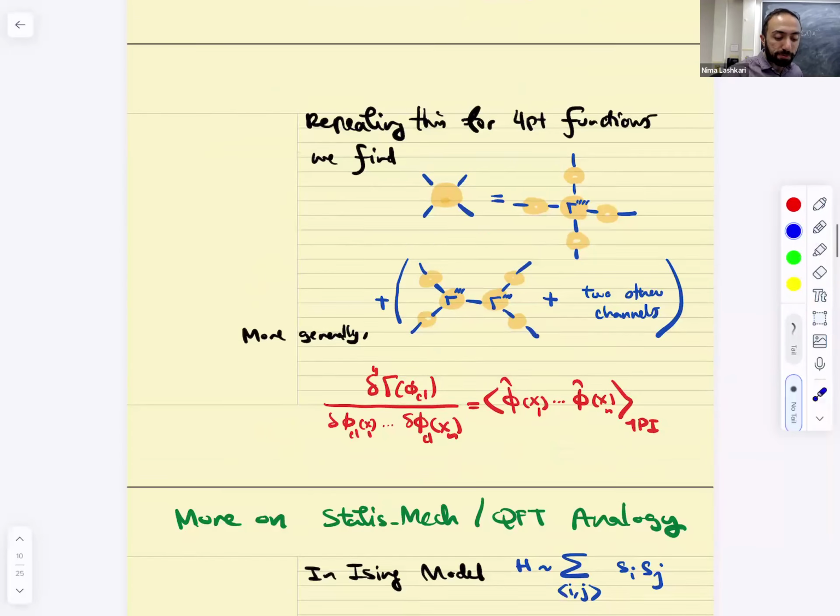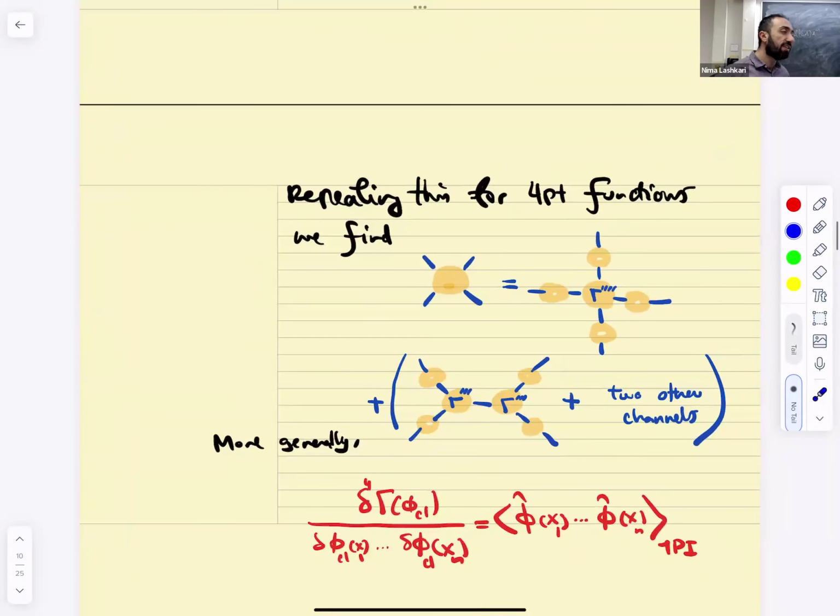Now, repeating this procedure, you can convince yourself that if you do a 4-point function, basically all you're doing is applying this thing, del phi classical over y, in between things. This is what you keep inserting.